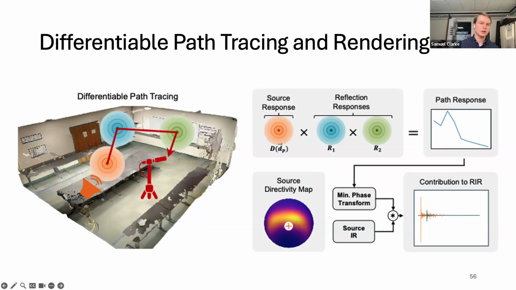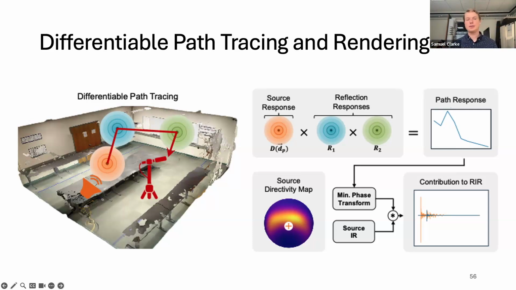To answer your underlying question, we needed to pre-compute all of these specular paths and get their time delay of arrival, their contribution to the RIR, as well as their attenuation. That was locked in at the beginning by this path tracing process.